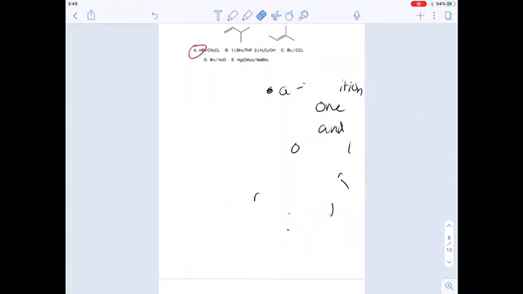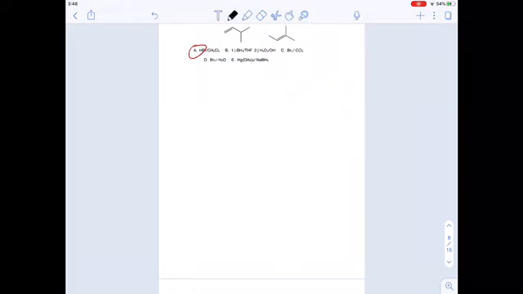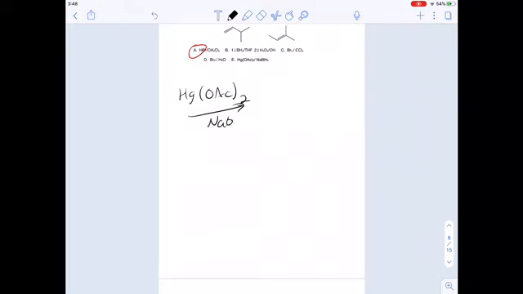Okay. And the last one is oxymercuration. So give me one sec to erase. Hg(OAc)2 over NaBH4.